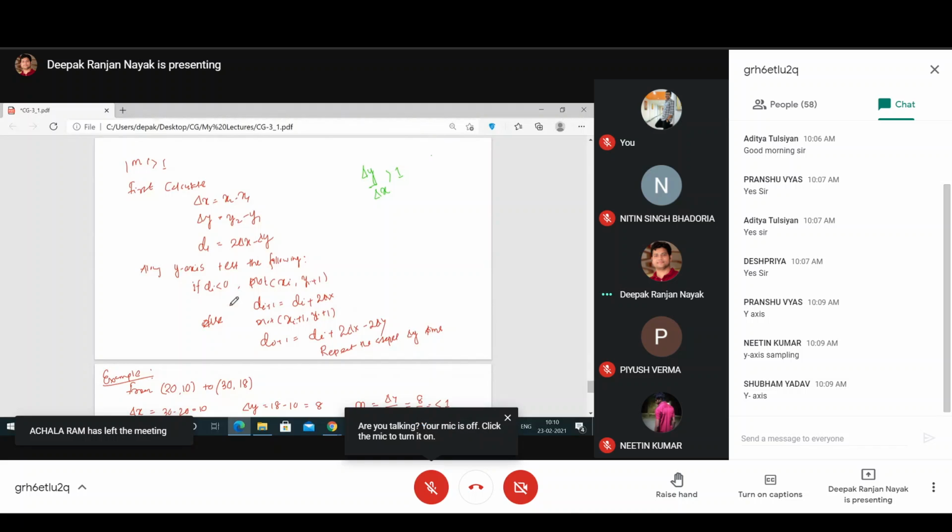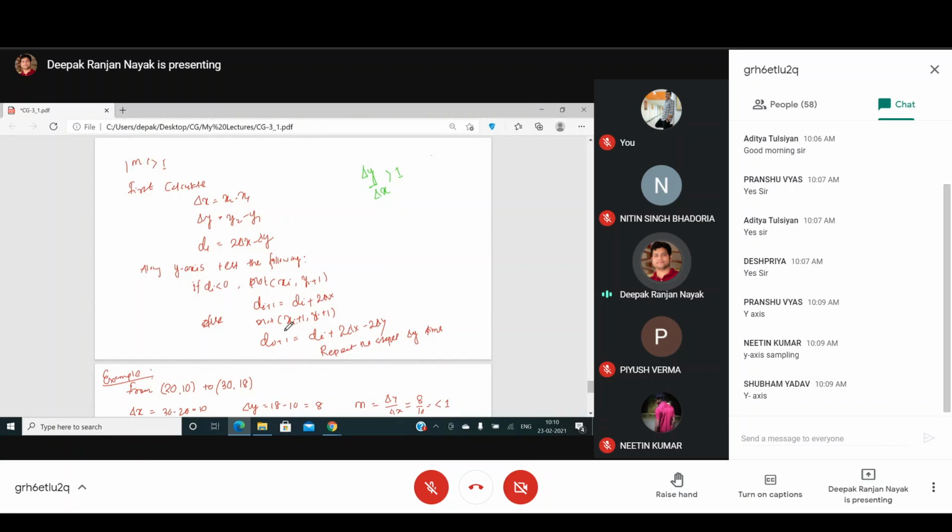Similarly, if the case is di greater than or equal to 0, then you have to plot xi plus 1 as well as yi plus 1, right? So d of i plus 1 is equal to di plus 2 del x minus 2 del y, right?